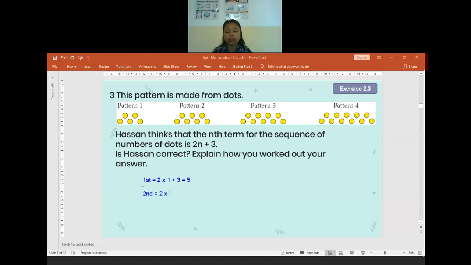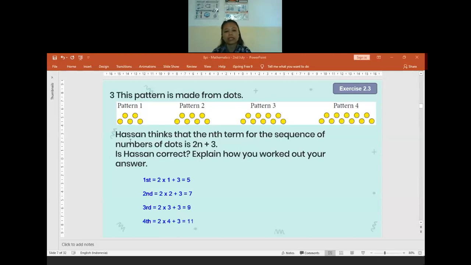It will be 2 times 2 and then plus 3, which equals 7. Now the third one: 2 times 3 and then plus 3, not plus 1, right? Which equals 9. What about the fourth term? The same thing: 2 times 4 plus 3, which equals 11.